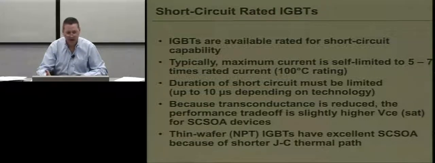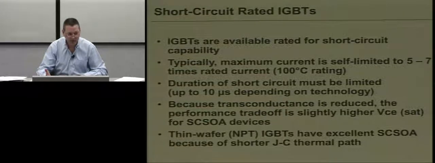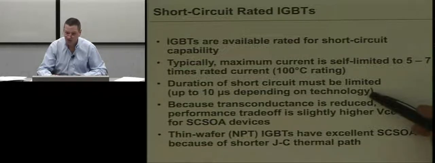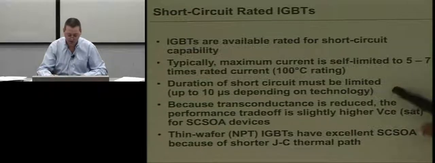So a 20 amp IGBT die will run up to 100 or 120 amps, let's say. We don't guarantee what that limit is. All we say is that it'll survive for, typically, 5 or 10 microseconds. It depends on the technology.